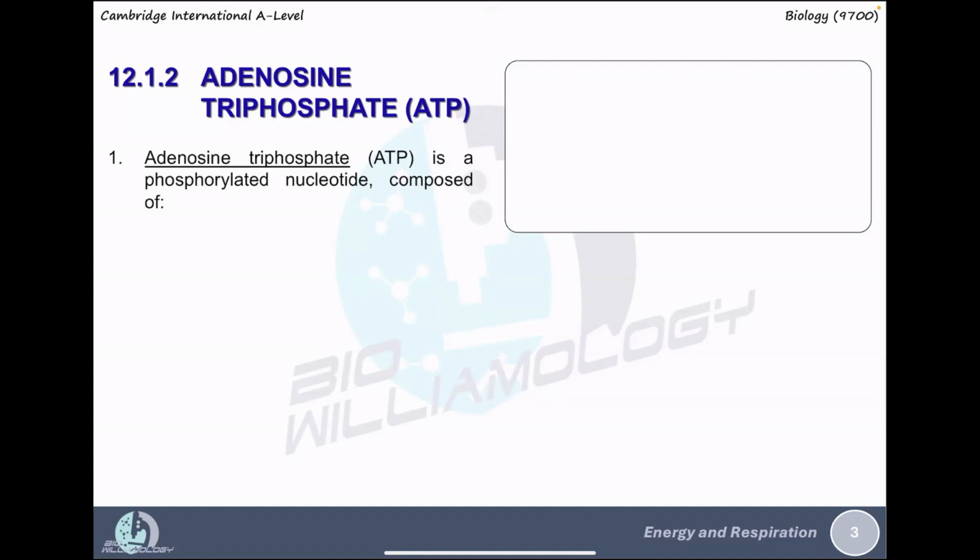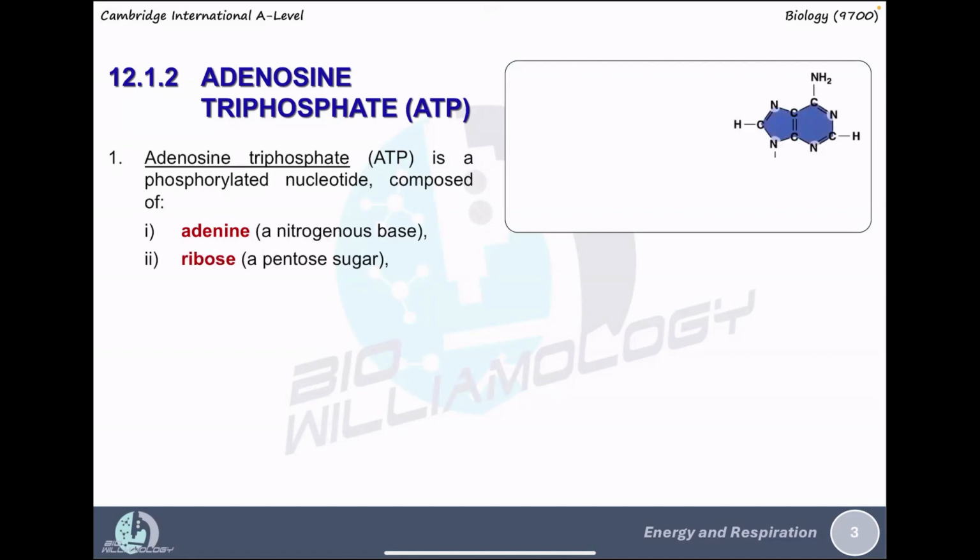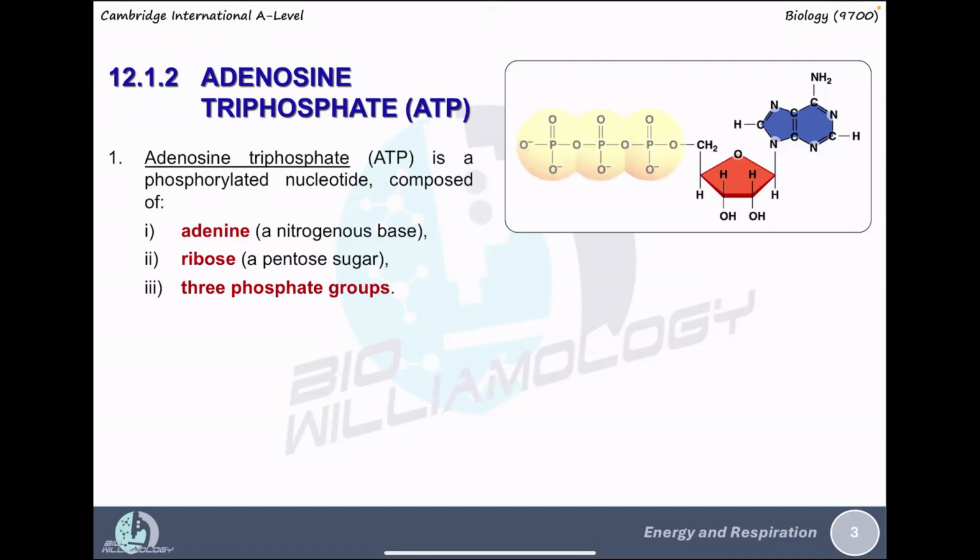However, adenosine triphosphate, or ATP, is composed of adenine, one of these nitrogenous bases, ribose, a type of pentose sugar with 5 carbons, as well as 3 phosphate groups. So this makes ATP different from the normal nucleotide, which consists of 1 phosphate group only.